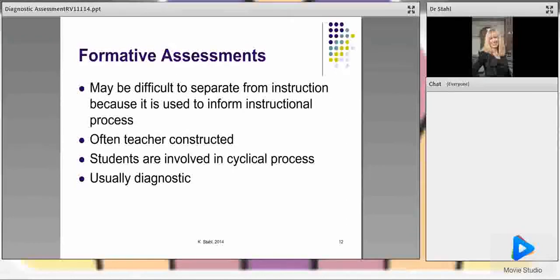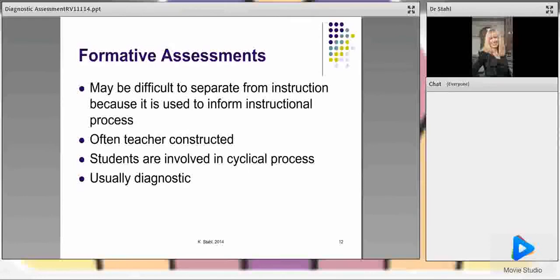However, the opposite side of that coin is that it can often be difficult for teachers to separate instruction from assessment. That's the flip side of the coin, and that can be a validity challenge with formative assessments, because if we are using something for assessment that we're documenting, for example a running record for assessment purposes, not for teaching purposes, we want to make sure that we are not providing children with clues during that assessment process and during scaffolding.